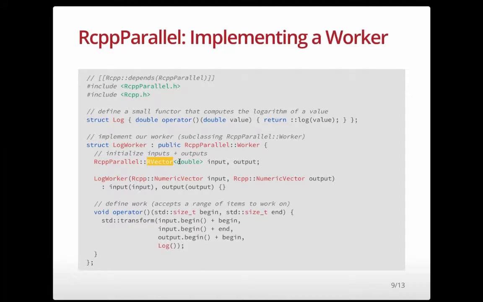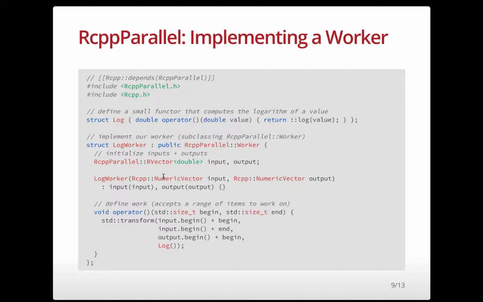RcppParallel tries to give you these safe wrappers to R objects that you know can be used safely in parallel. Because if you try to use arbitrary elements of the R API, you can run into trouble if you're using those in a parallel worker. In general, the code that you put in an RcppParallel worker should not touch the R API directly. You should stick with the C++ functions or other C++ libraries available in the language.